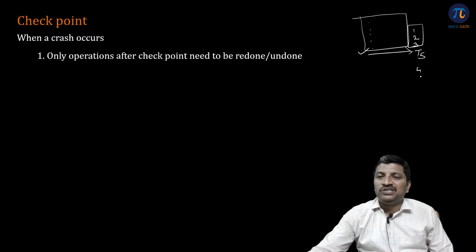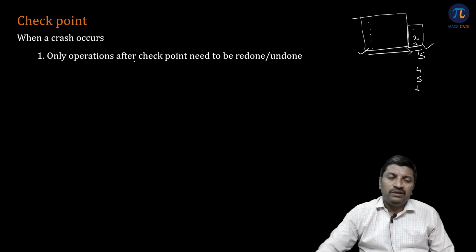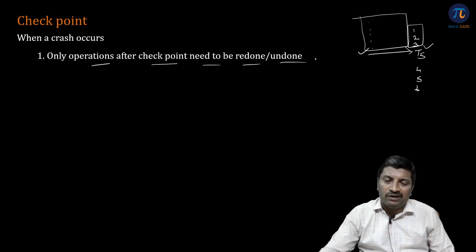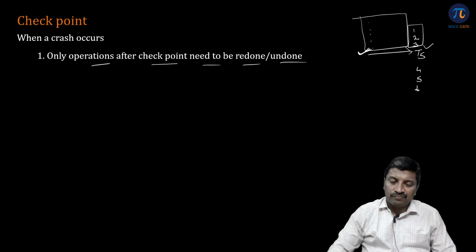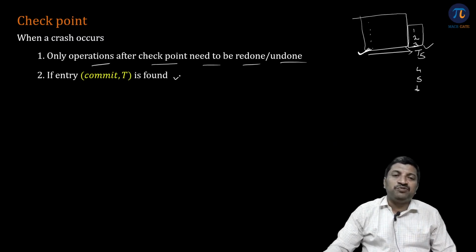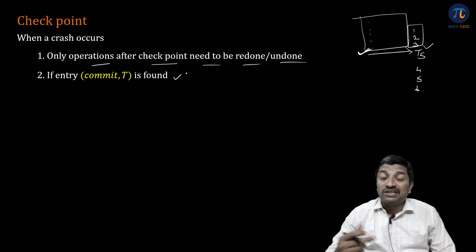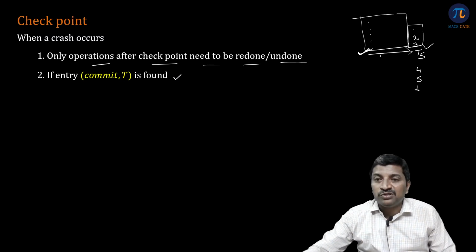The remaining operations may be touched, sir, because they were not completed, but up to here they are fine. So only the operations after the checkpoint need to be redone or undone, because up to there it was fine. That means they were done to the database. If commit is found, sir, where is it found? Before the checkpoint or after the checkpoint. Here is a checkpoint. One minute.